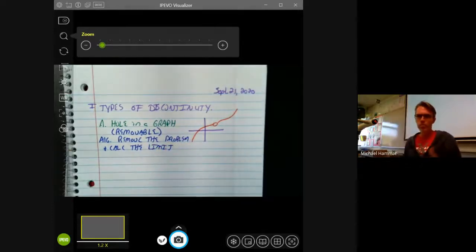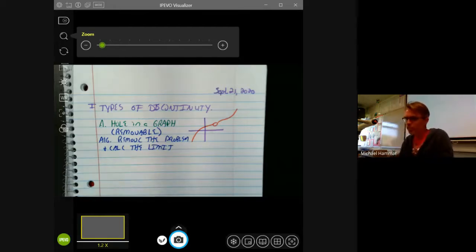So if something is a removable discontinuity, that means you can actually calculate it using some things, and you can remove that problem thing, so you can calculate that limit.